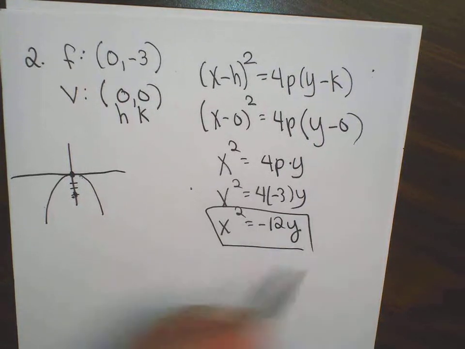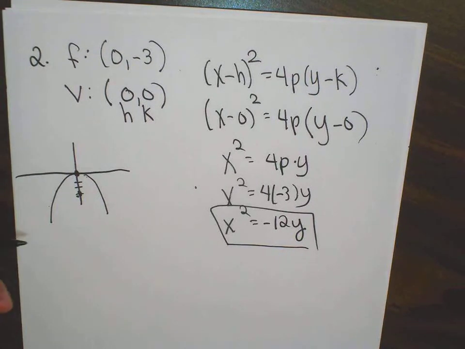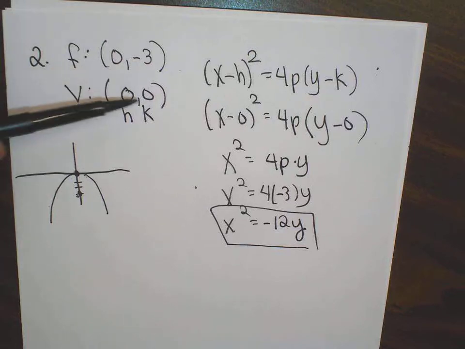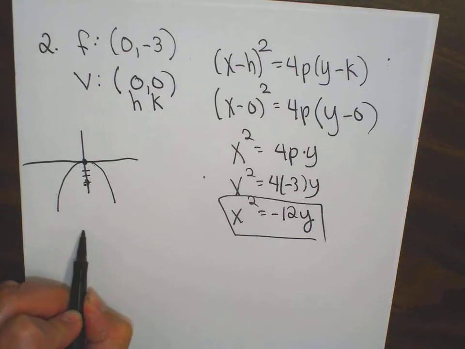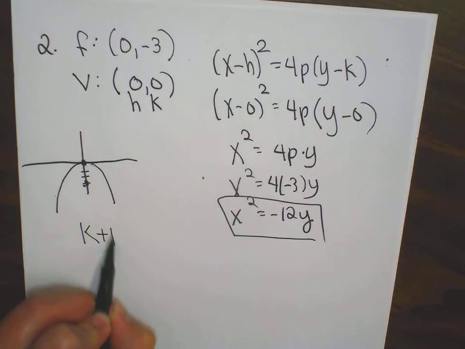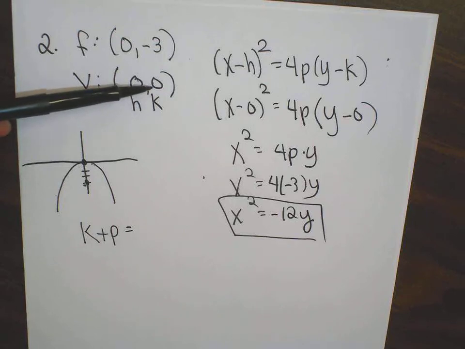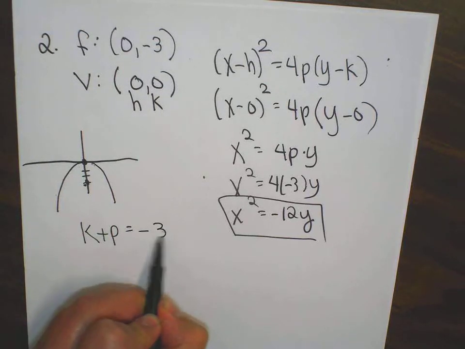Or if you don't want to draw a picture, you can think about it, right? To go from the vertex to the focus, we're changing the y, so it's going to be k plus p. I went from 0 to what? -3. So that equals -3.